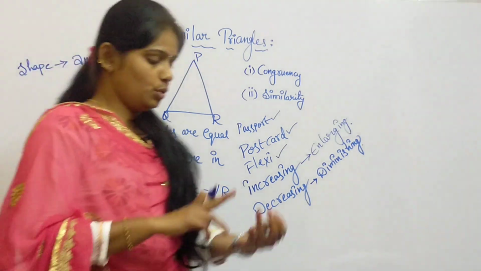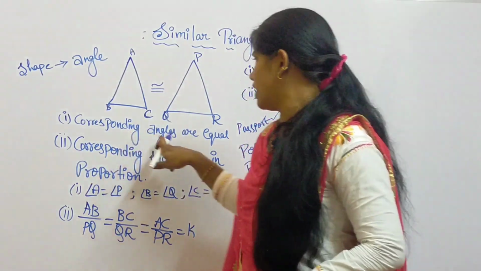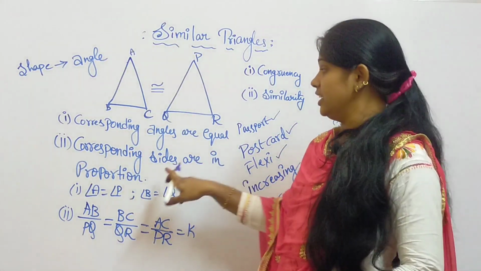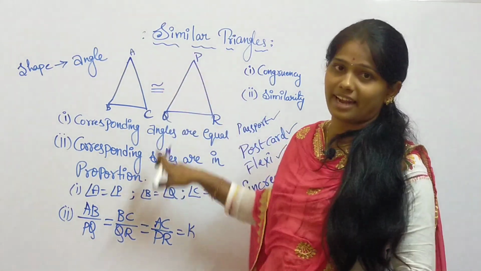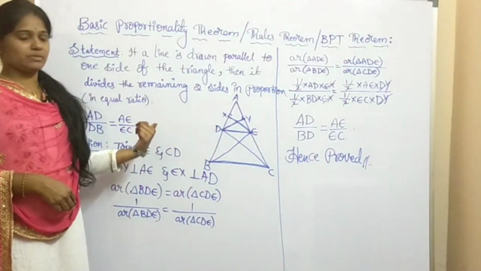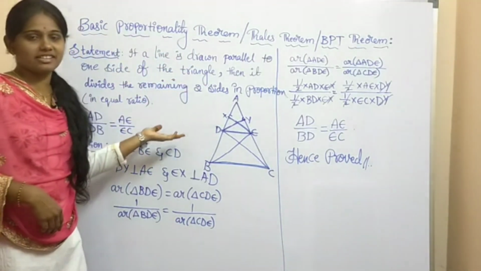Clear, friends? Two triangles are said to be similar if and only if their corresponding angles are equal and their corresponding sides are in proportion. I hope you all are clear with the similarity of triangles, right? Friends, the most important theorem of similar triangles, the basic proportionality theorem, is going to be discussed in our next session.